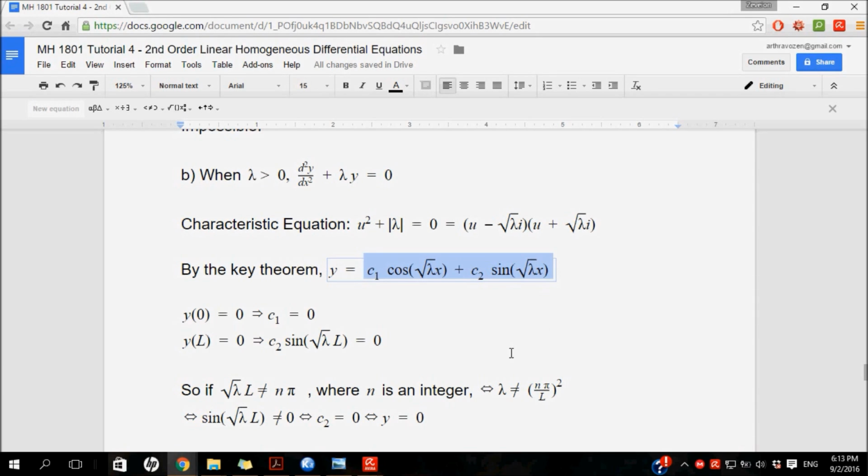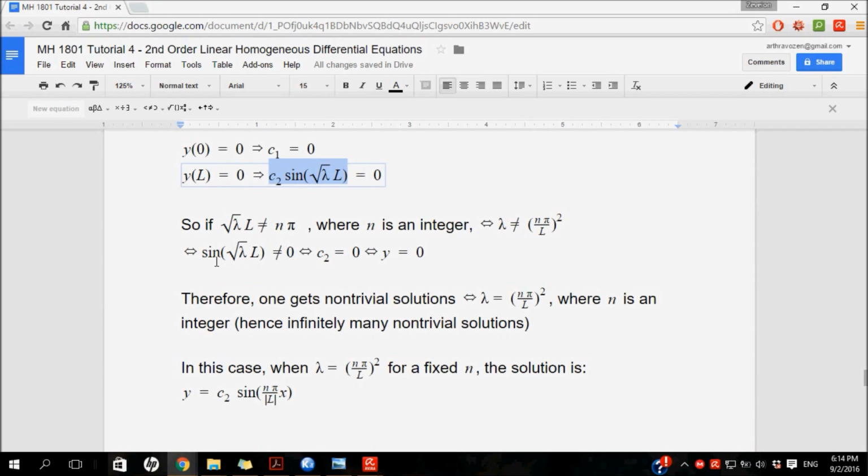So I must have C2 not equal to 0, but sine of square root of lambda times L equal to 0. When does this happen? Let us take a look. When the sine function equals an integer multiple of pi.